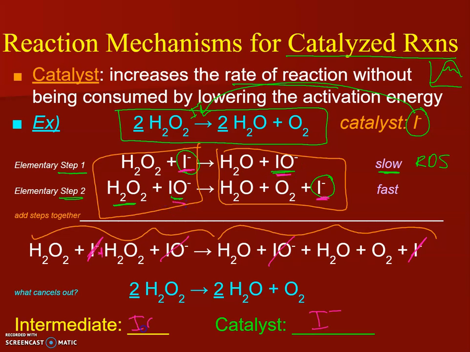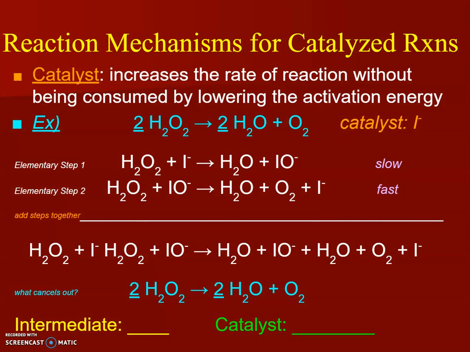It's going to be produced over here and then consumed, so it's this temporary species that occurs. And then we have our two H2O2s making our two waters and our iodine and our oxygen. So we get our overall reaction to occur.